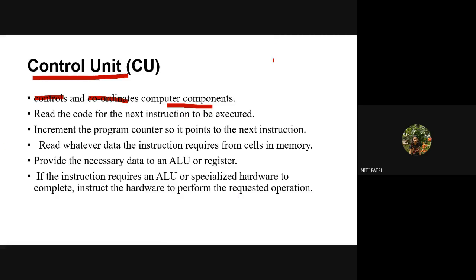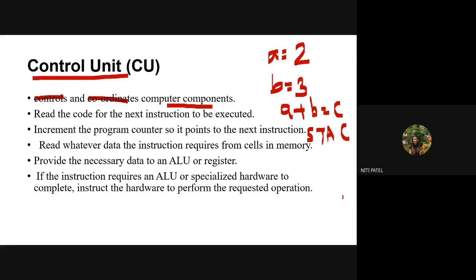Means what? I have a program like A is equal to 2, B is equal to 3, A plus B is equal to C, and then I have STA, that is store C. If this is a program, what will happen?